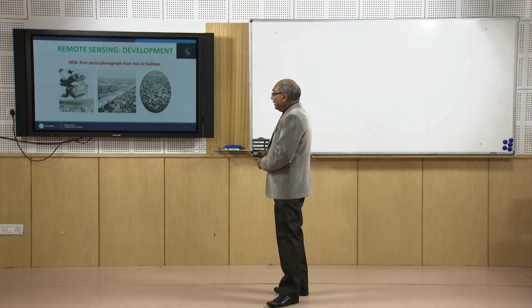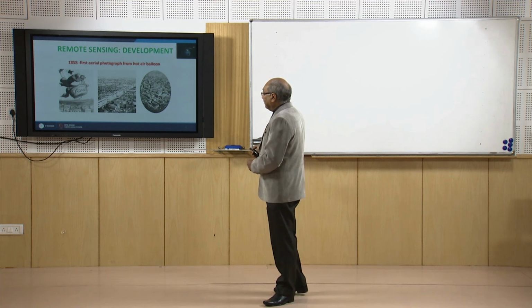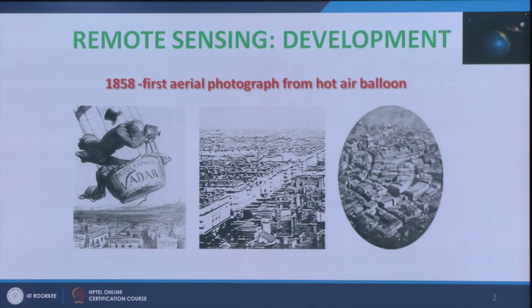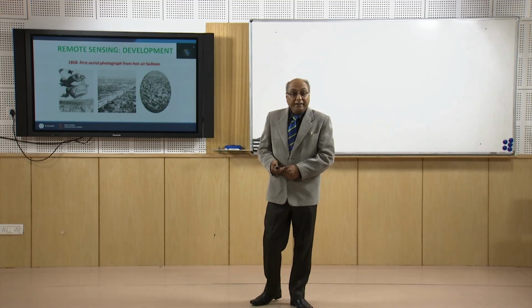As you can see, the first aerial photograph was taken from a hot air balloon in 1858, as the drawing shown here, and luckily the photos have been preserved. So, the photographs taken through that camera are also shown here. Basically that was also remote sensing, which brought us to present day remote sensing.